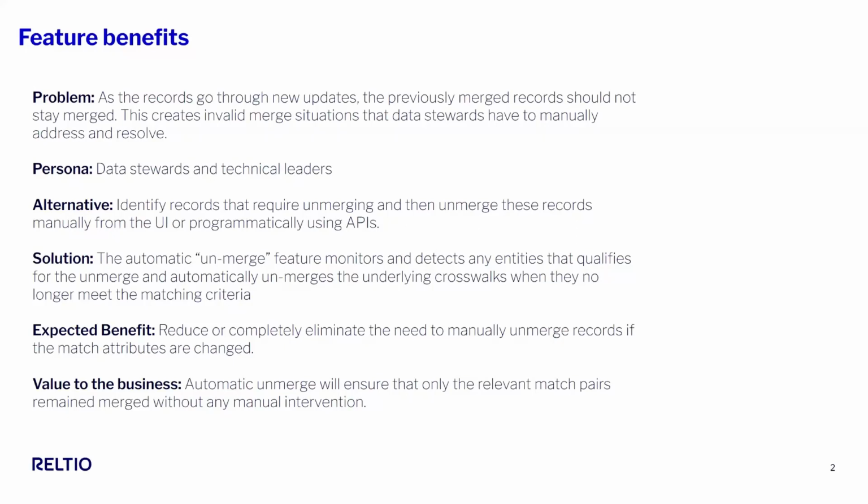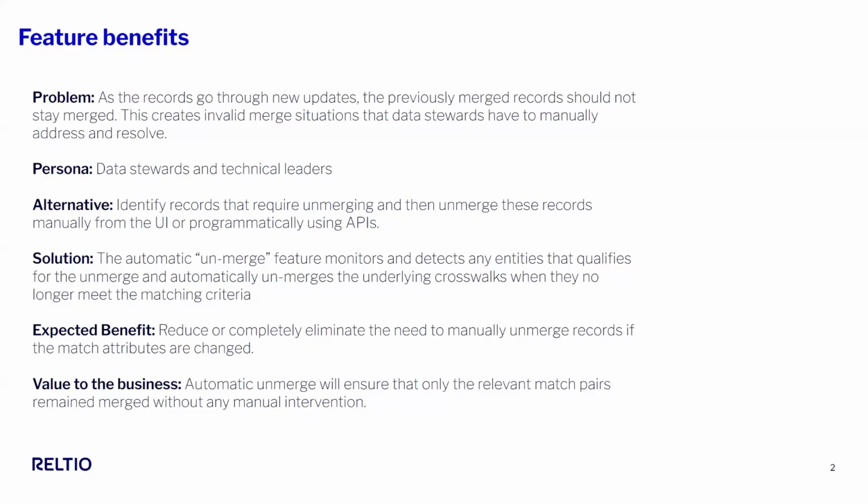Sometimes you onboard new sources, and your rules could change, or the data could change. The rules could remain the same. As you go through the match and merge process, if the underlying data that was merged previously no longer agrees with the match rules, then the expectation is that they should automatically unmerge.